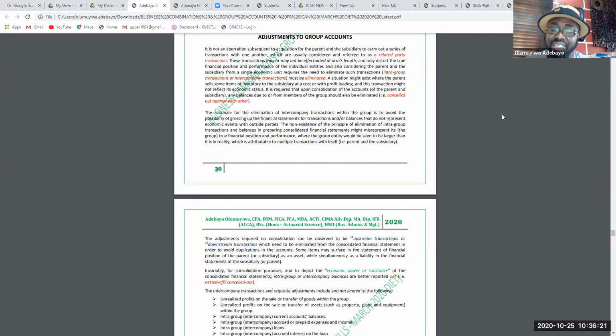Zenith has debited the subsidiary and has wired the money through NIPS, which is the payment channel platform for interbank transfers. Unfortunately, due to one reason or another, the money did not get to the parent's account in GTB. But the money has left the account of the subsidiary.